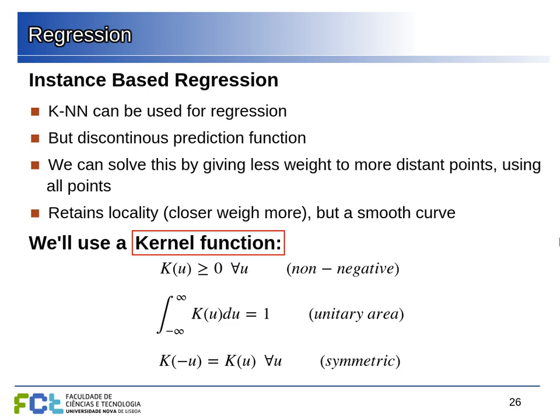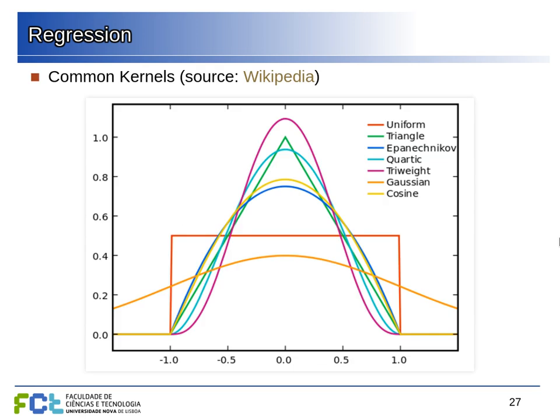Any function that fits these constraints can be used as a kernel function. Here are some examples. We can use a triangle, we can use a Gaussian function, cosine function, things like that. So anything that has these attributes, we can use as a kernel function. And this function will determine how much each point will weigh in our regression estimate.